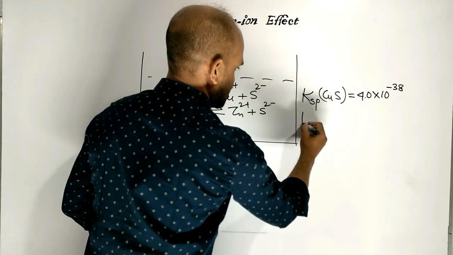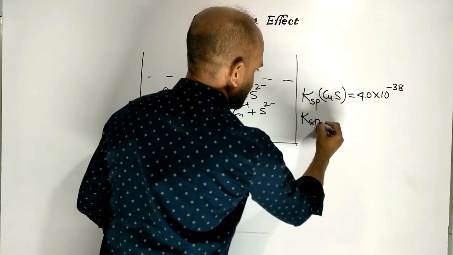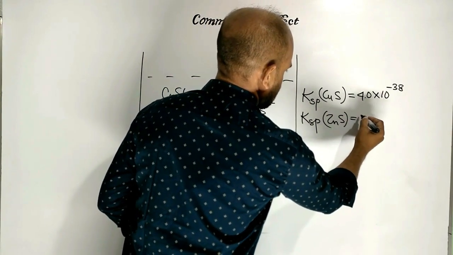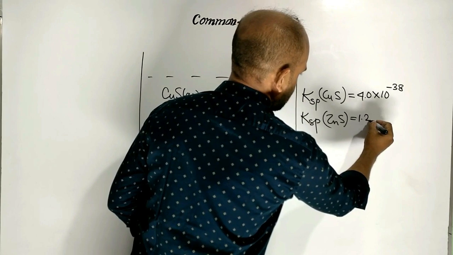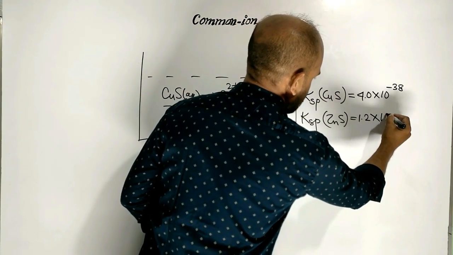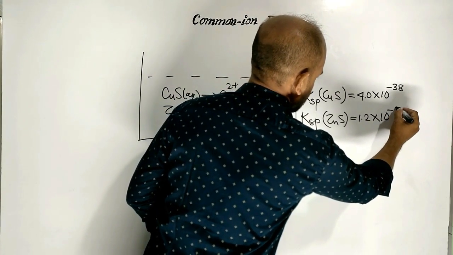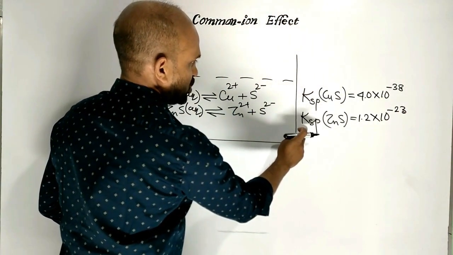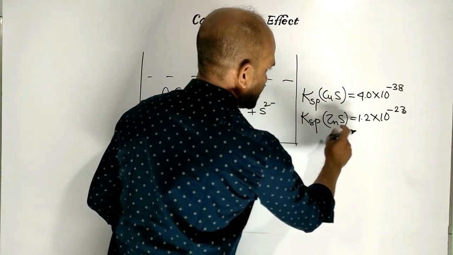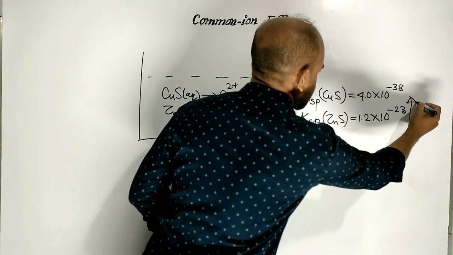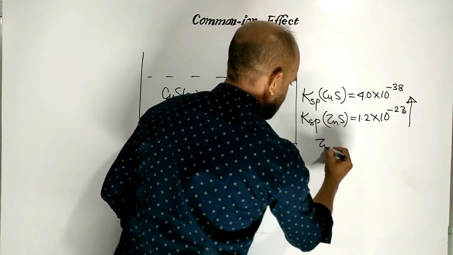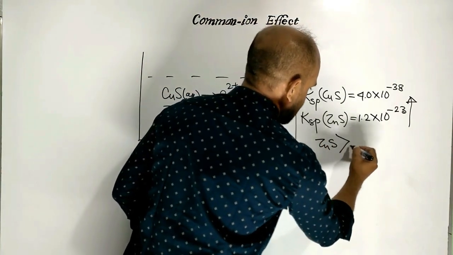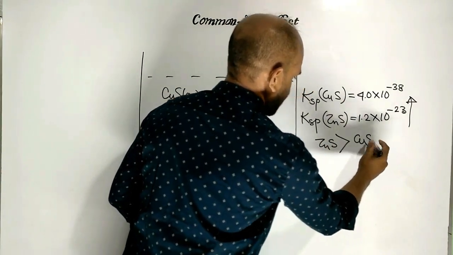On the other hand, solubility product of zinc sulfide is 1.2 times 10 to the power minus 23. That is, solubility product of zinc sulfide is higher than copper sulfide. Solubility of zinc sulfide is higher than copper sulfide.